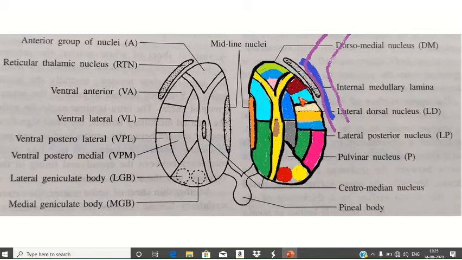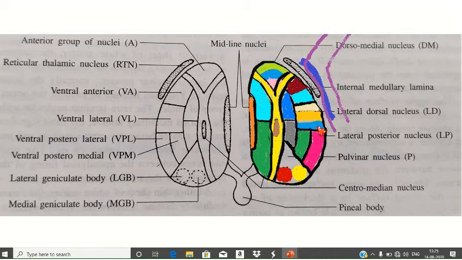Then coming to the ventral lateral group, it is consisting of 3 areas. From anterior to posterior, we can identify pars oralis, then behind that pars caudalis, then pars medullaris.